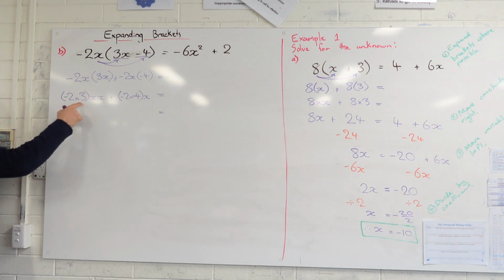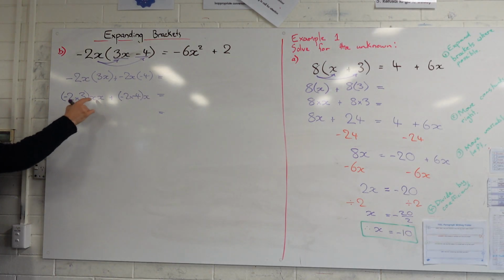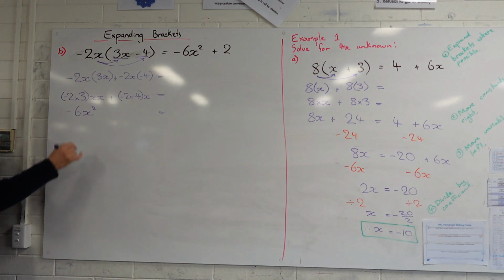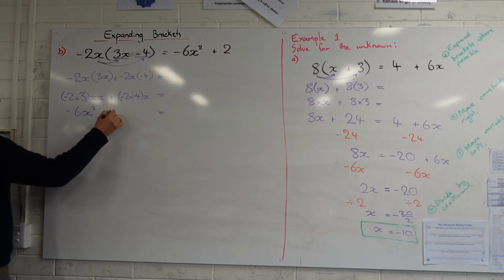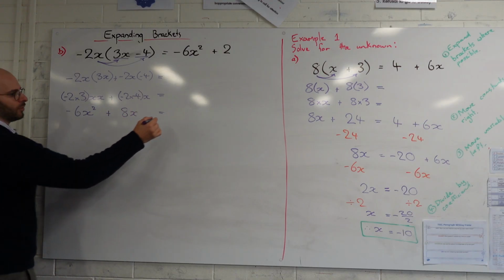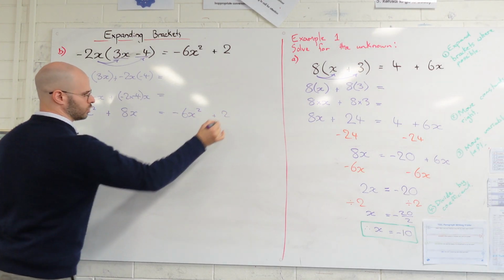Simplifying this, 2 3s are 6. It's negative. There are 2 x's, so it's going to become x squared. This is a double negative, so it's positive 8x. Now, over on the right side, we have minus 6x squared plus 2.